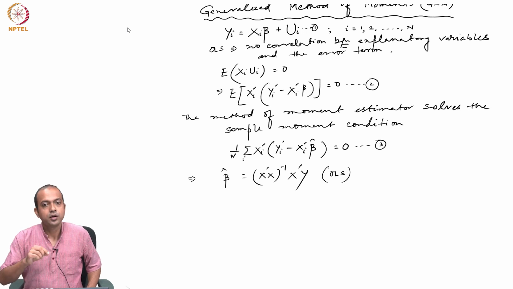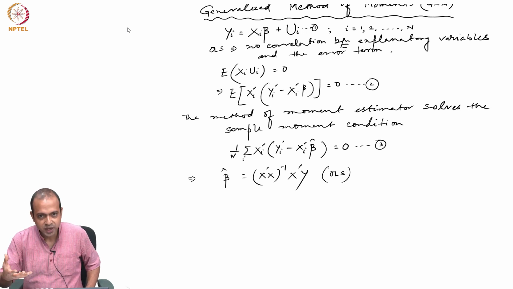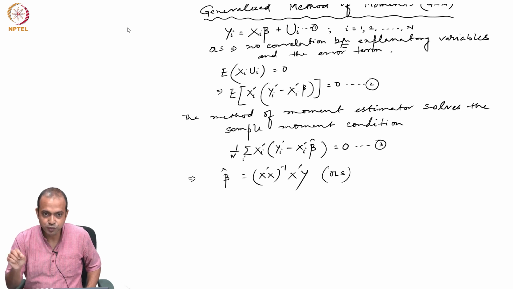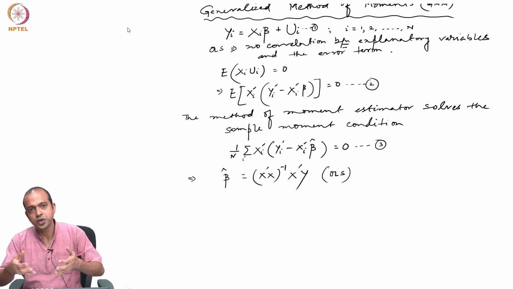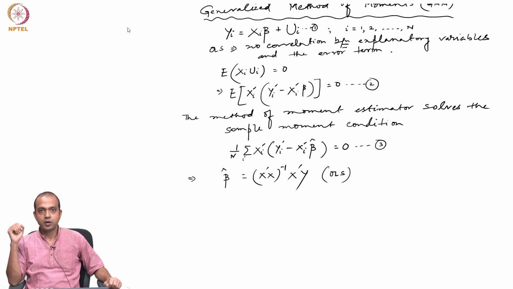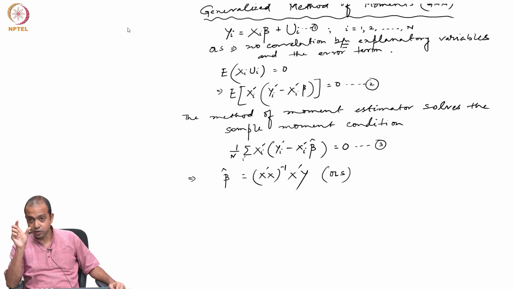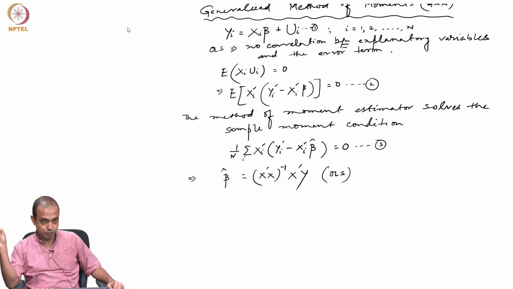Then we discussed that if that is the case, instead of using OLS in the transformed model, in your first difference equation you can use an instrument for the differenced variable which is getting correlated with the error term.